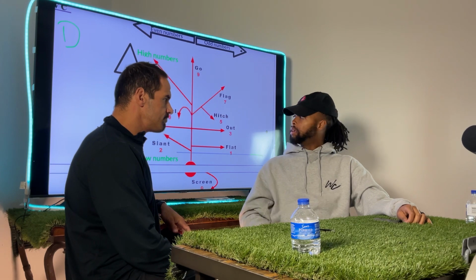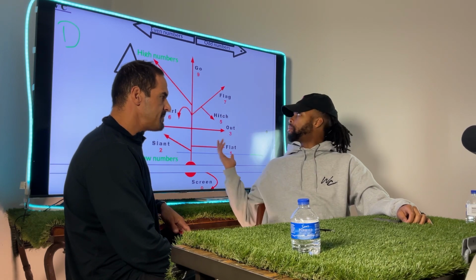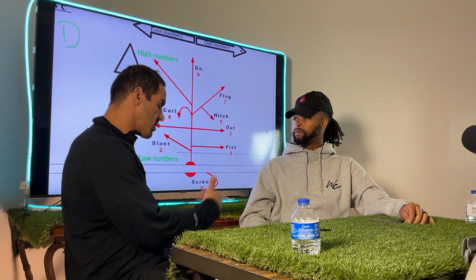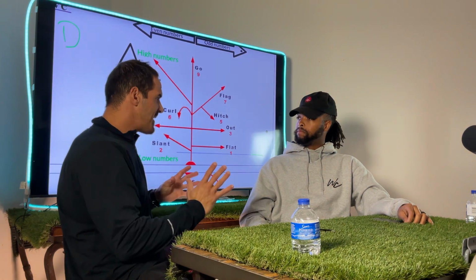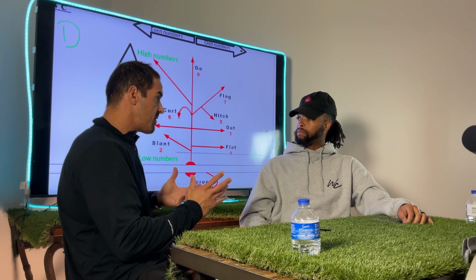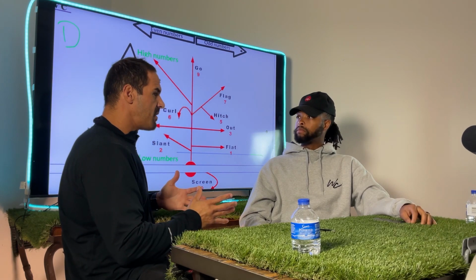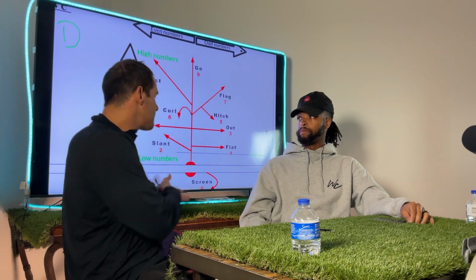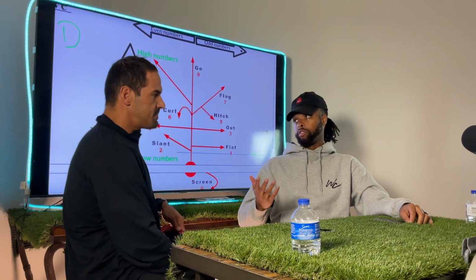Like if you've got a guy that's a burner, don't put him on hitches all game. A lot of coaches are looking at a piece of paper, or X's and O's matchups. But really, the game is played with people, and their athletic gifts are going to pose different problems to the other team, and problems for your team.